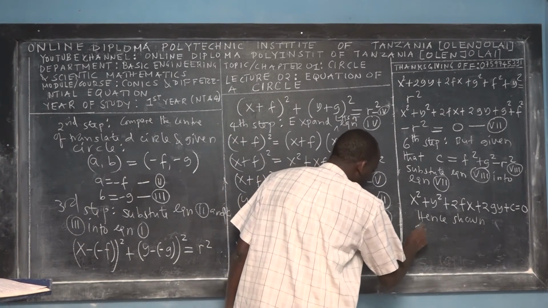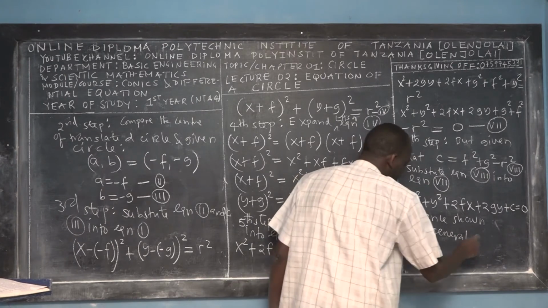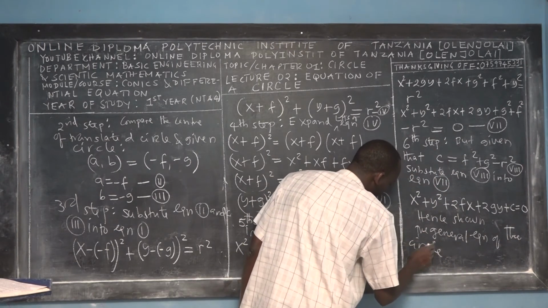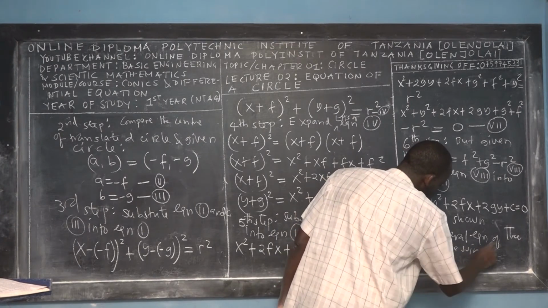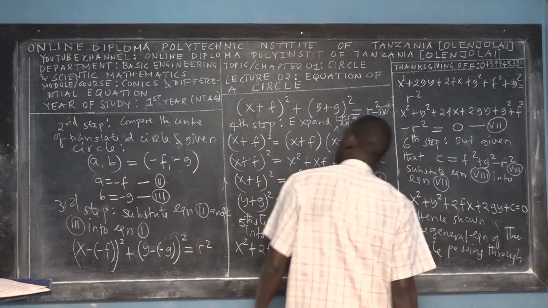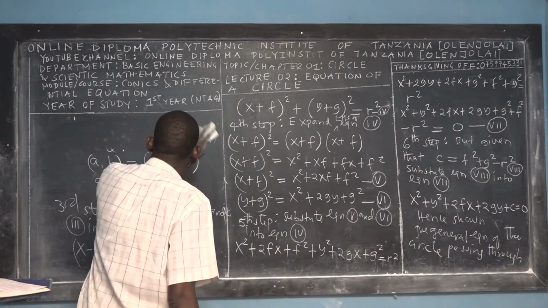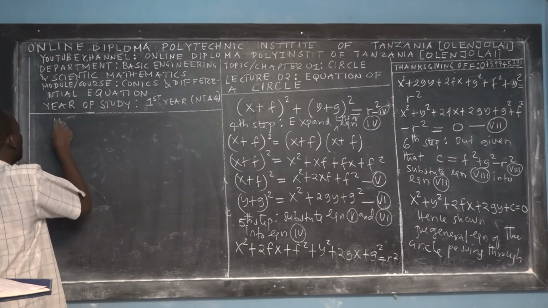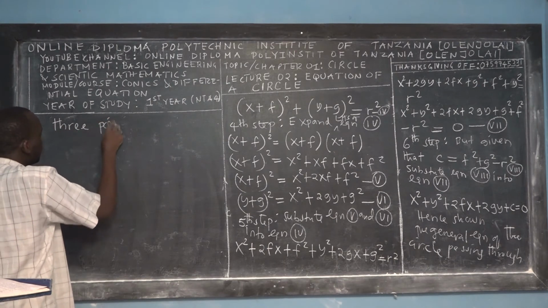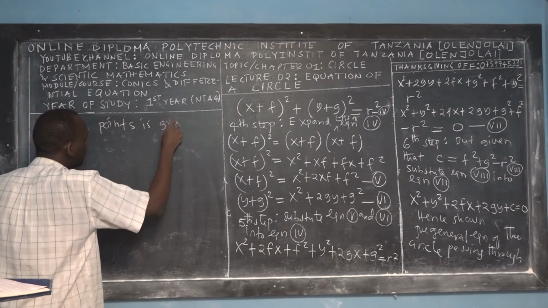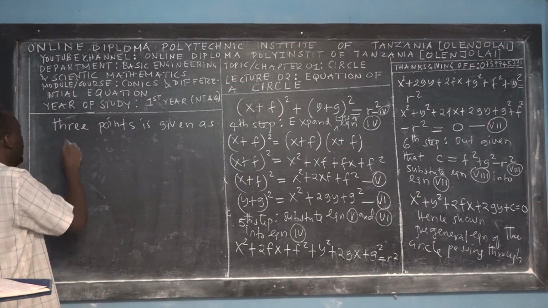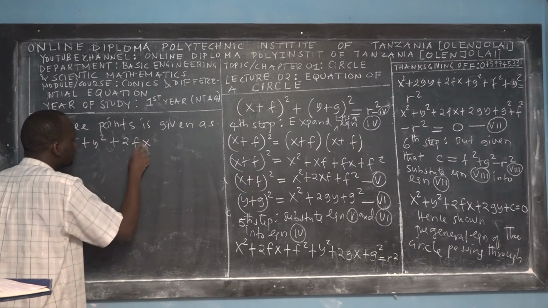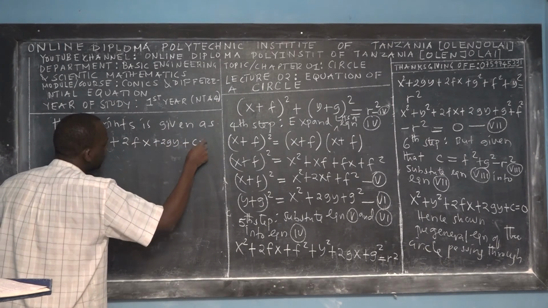So the general equation of the circle passing through the reference is given as x squared plus y squared plus 2fx plus 2gy plus c is equal to 0.